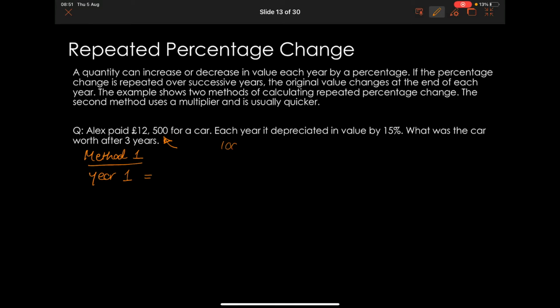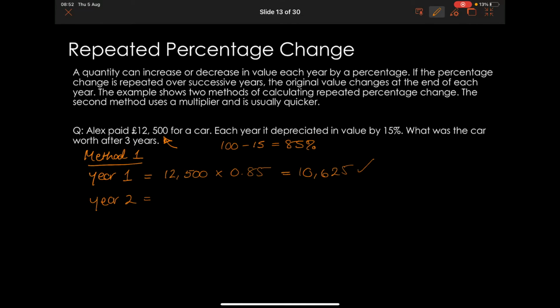I don't need 100%. I need 100 take away 15%, because I'm depreciating it by 15%. So for year 1, I'm going to do 12,500 times 0.85 instead. That gives me 10,625 for year 1.